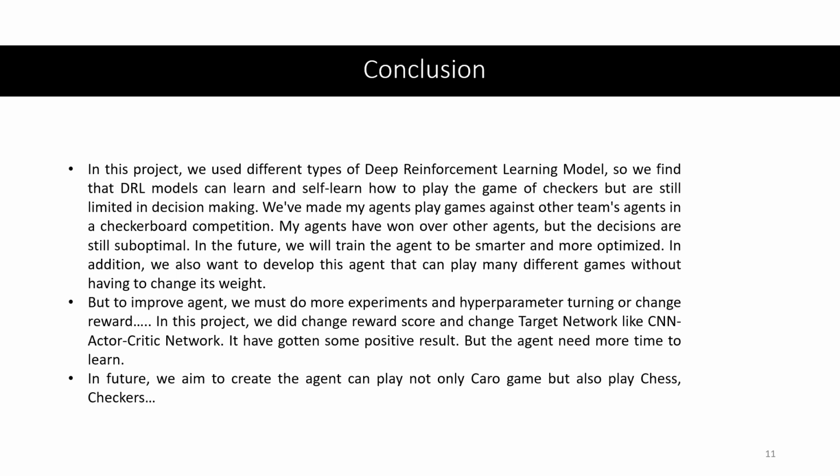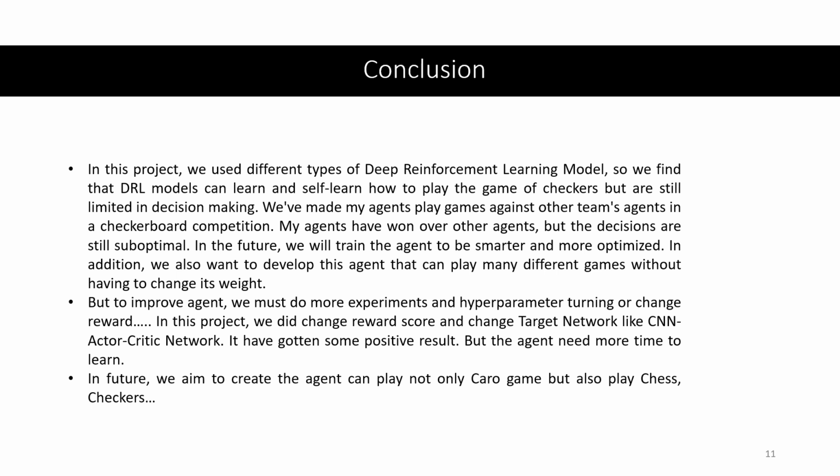In the future, we will train the engine to be smarter and more optimized. In addition, we also want to develop an engine that can play many different games without having to change its approach. To improve the engine, we must do more experiments and hyperparameter tuning, or train reward scores or target networks and so on.